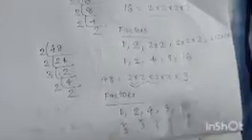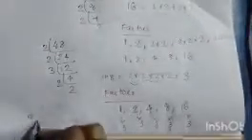Next, we are multiplying by 3. This number 3 is multiplied with each term. Here multiplied with 3, here also with 3, 3, 3 and 3.